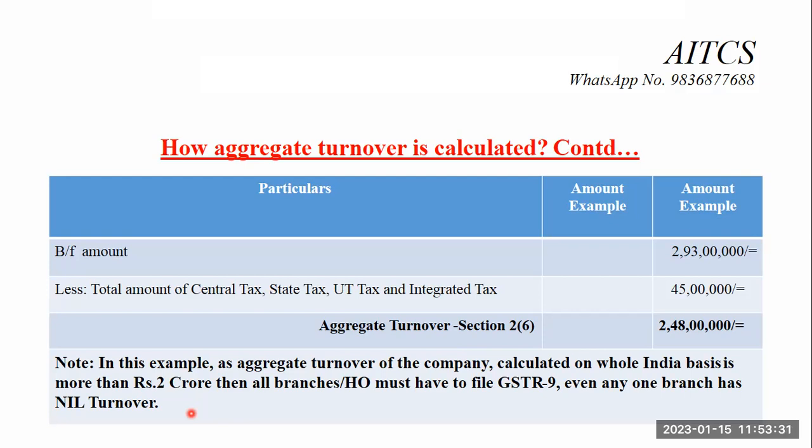It means that if the threshold limit for filing GSTR 9, that is rupees 2 crore, is applicable to any one company or any one branch, then the whole group which has GST numbers on the same PAN is liable to file GSTR 9, even if sub branches or the head office have nil turnover or turnover below rupees 2 crore. So students, let us move to the next slide.